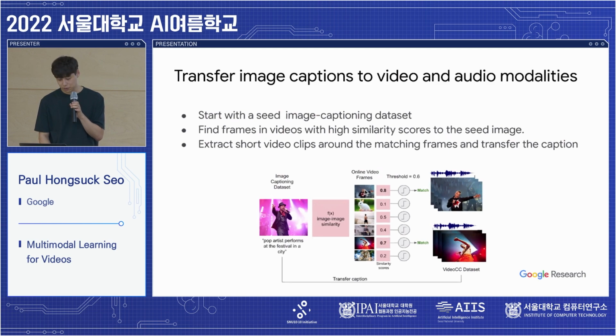If some frames are selected as matches, we extract the video clip surrounding that frame, and then transfer the image caption to that video. This is how we generated a large-scale video captioning dataset.